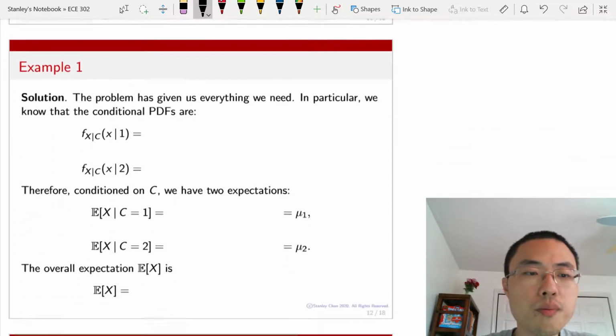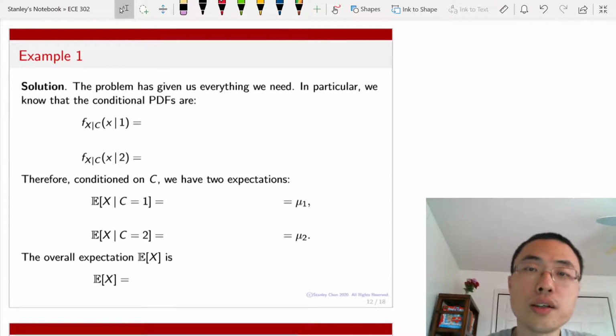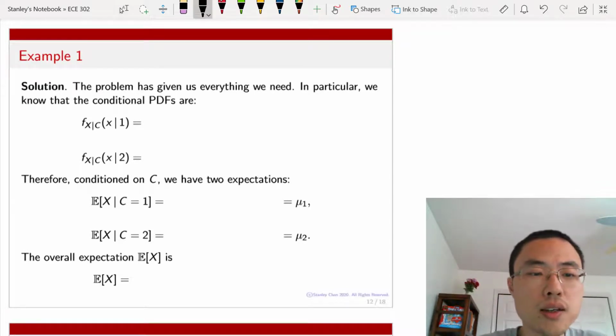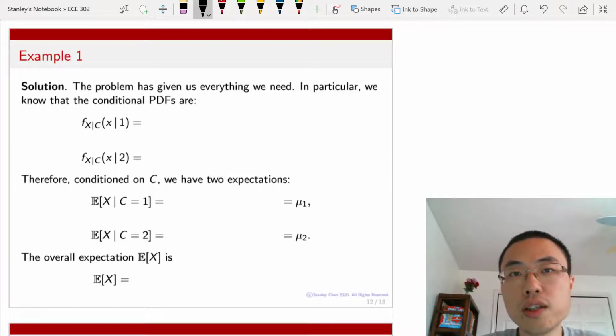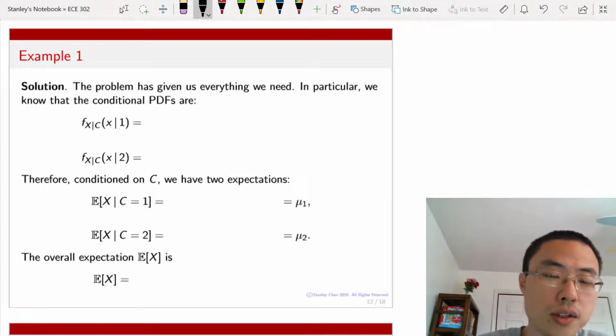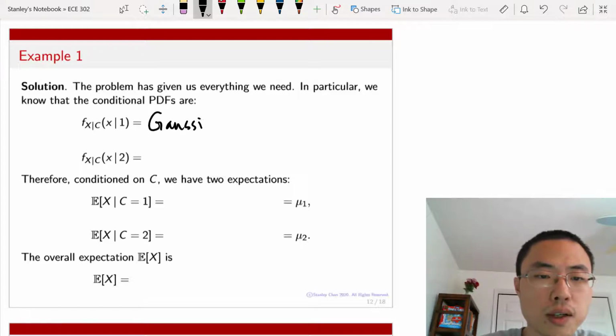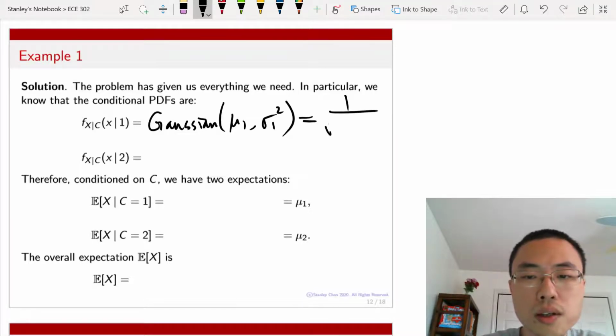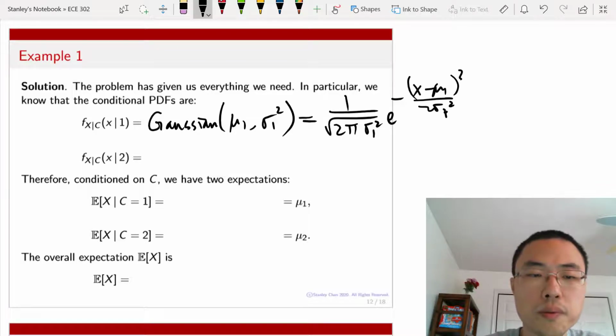This problem can be calculated using the conditional expectations as follows. We can define the conditional PDF of each individual case. The first one is a Gaussian of mu1 and sigma1 square, so this is 1 over root 2 pi sigma1 square, e to the minus x minus mu1 square divided by 2 sigma1 square.